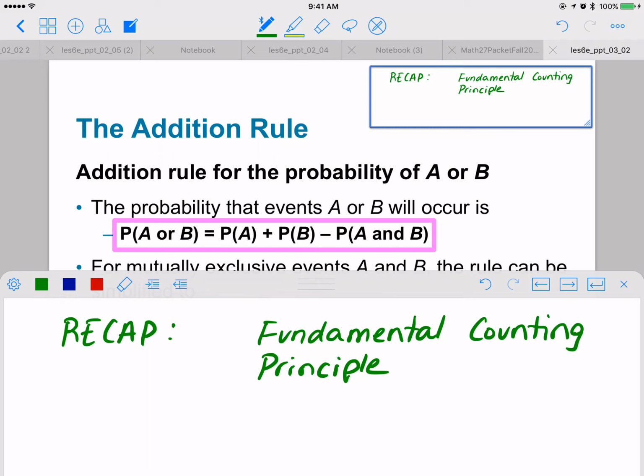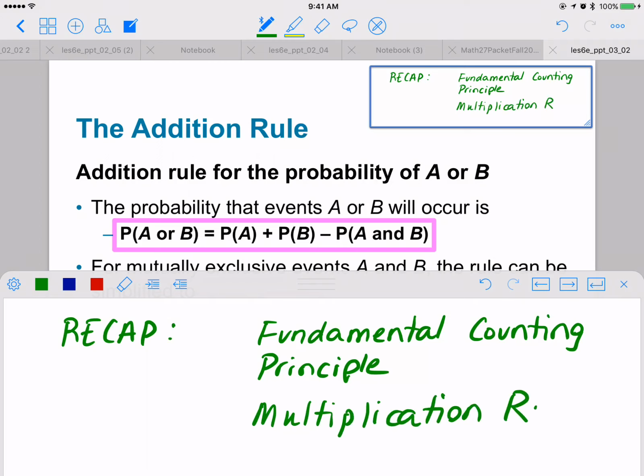Then the number of ways that both events can occur is just m times n. We have our multiplication rule, and we have our addition rule.